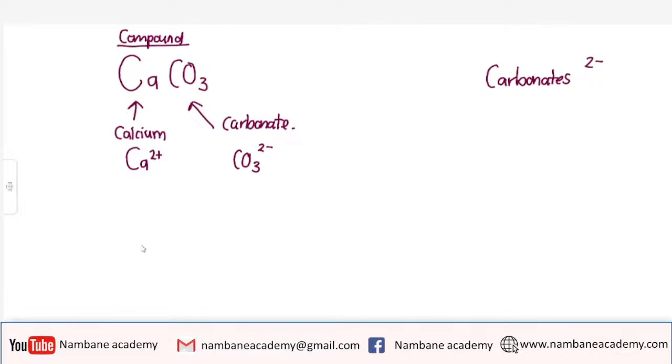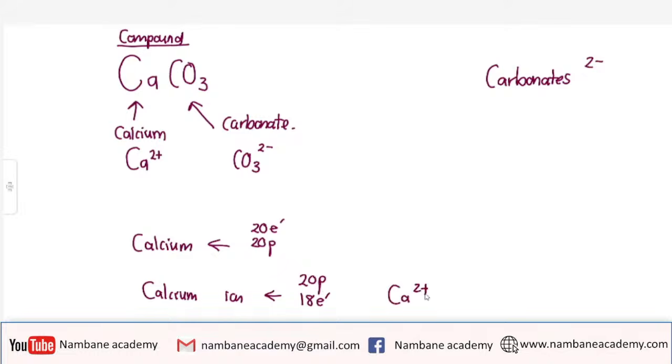Your compound is made up of calcium, right? Your calcium has 20 electrons, 20 protons, and your calcium ion is having 20 protons and 18 electrons. Therefore, it's having 2+. They're short in 2. So that is Ca2+, and that is Ca. So this one is your element, and this one is your cation.